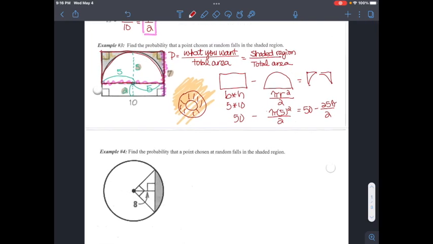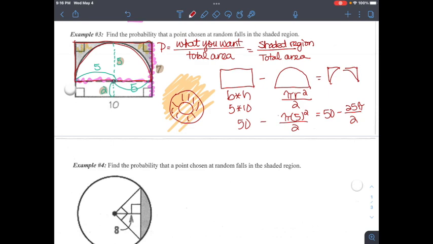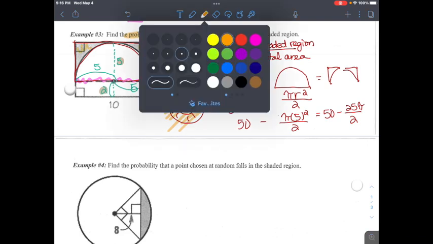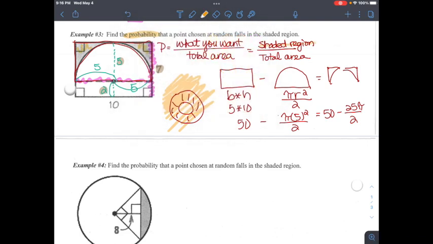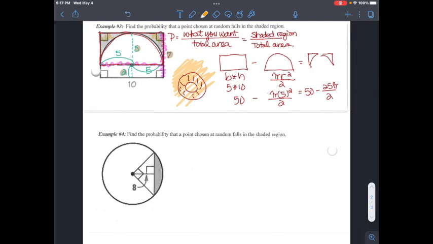Now, the shaded area is not quite the same as probability. That's the key word we want to hear. Probability, as I told you, is the area you want, the shaded region, over the total area.